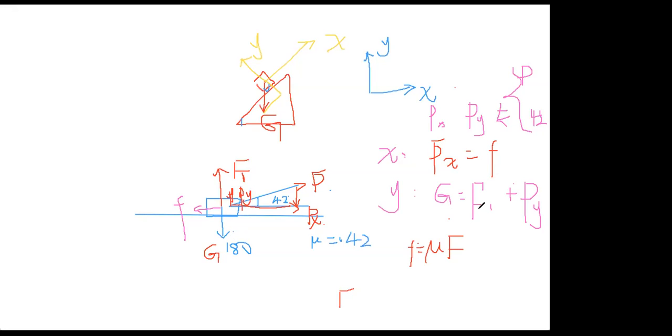Yes, so the F, you tell me the F, which is supposed to be G at the beginning, right? Right, but because we're adding a pulling, we have to include that as well. So it's Py sine 42. But we're subtracting that from the initial F because it's coming off of the ground. Yes, that's correct.